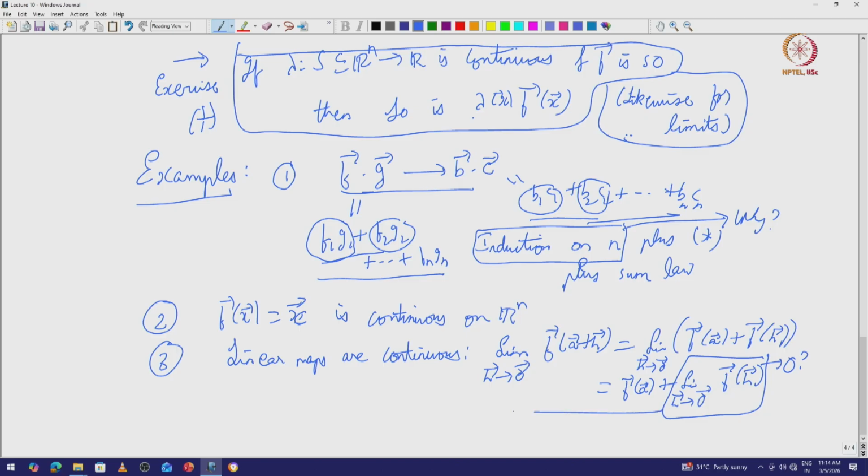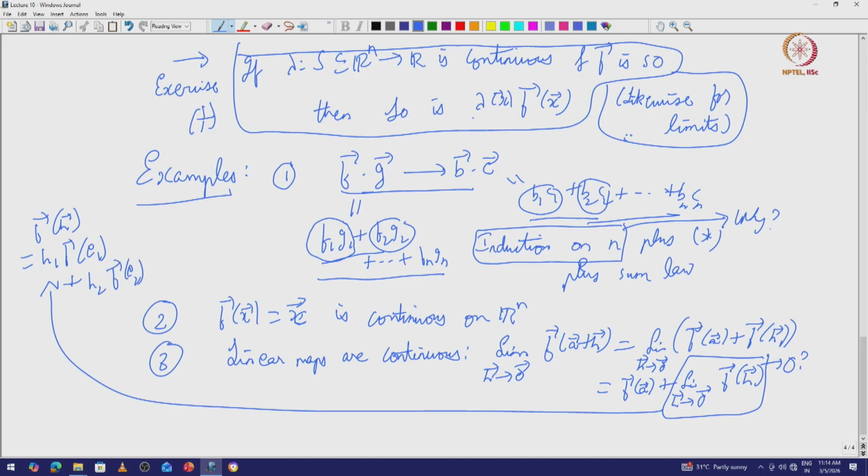So for example, choose a basis, right? So h vector is h1 times e1 plus h2 times e2 plus h3 times e3, and so on. So by linearity, you get this.